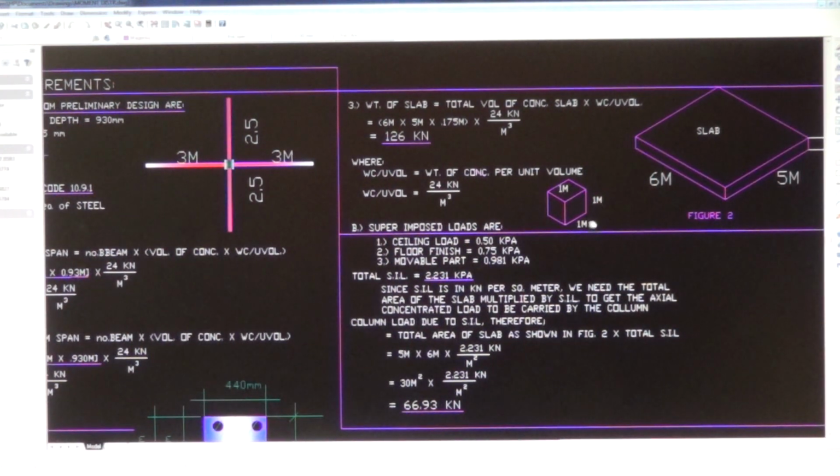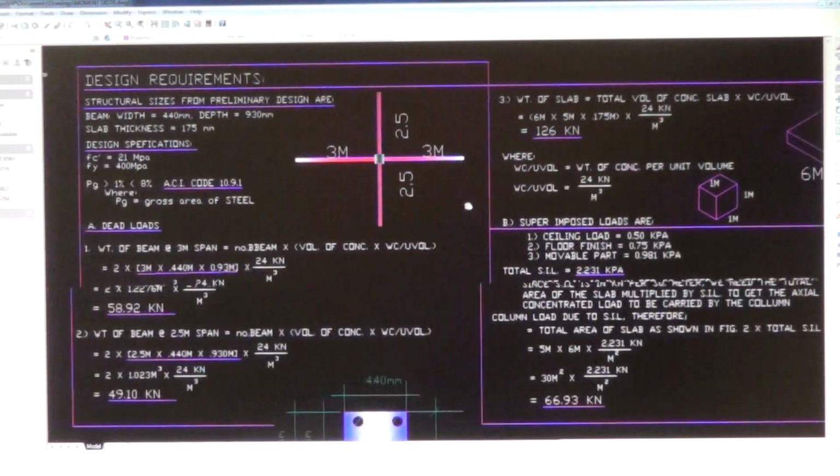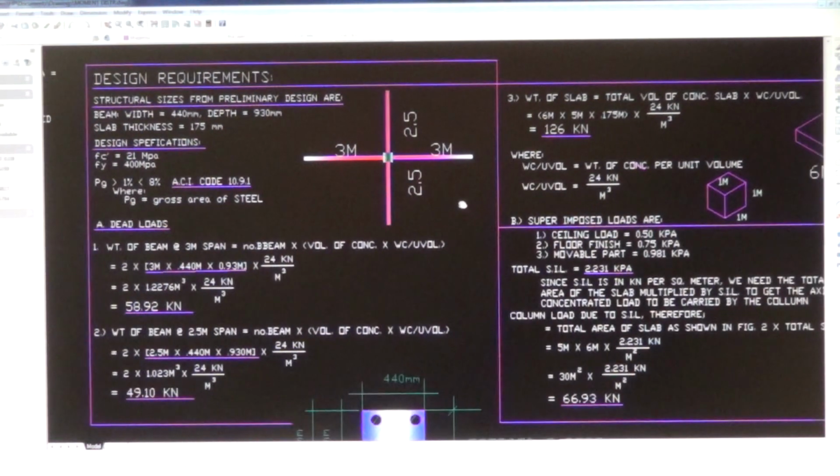Here is 1 cubic meter of concrete, each side has one there, and one there. The weight for this 1 cubic meter is 24 kilonewton. So that's why it's in here, WC, weight of concrete.